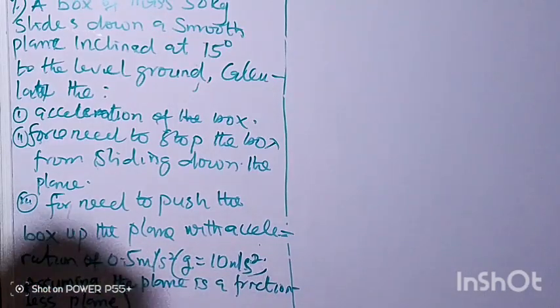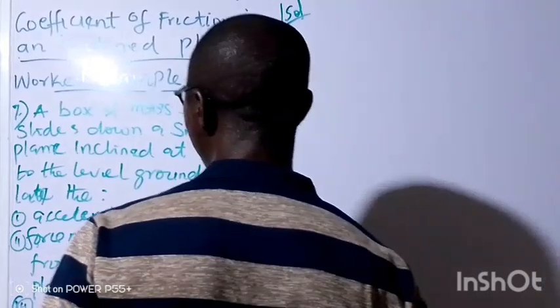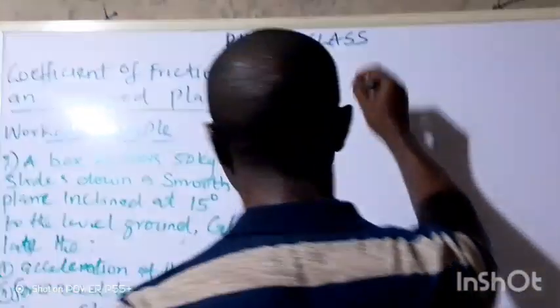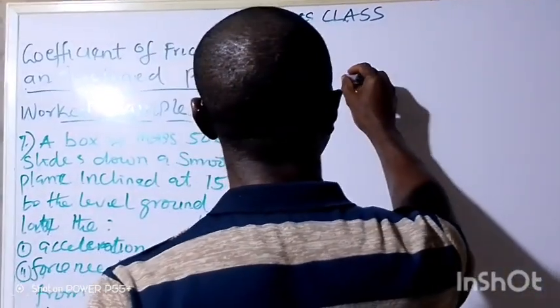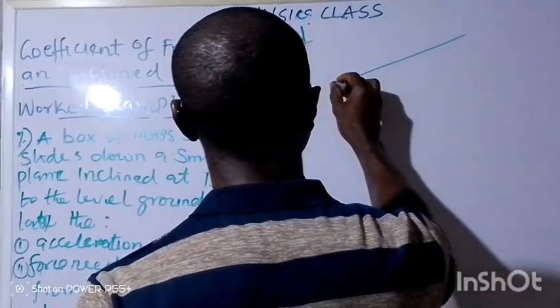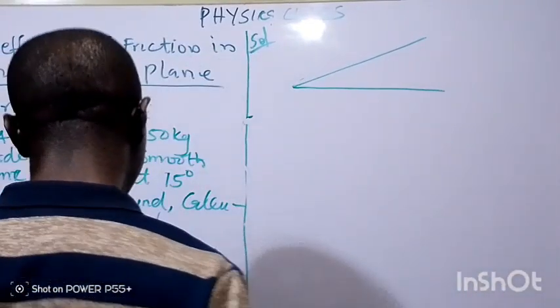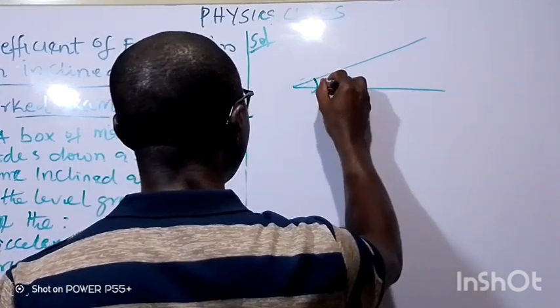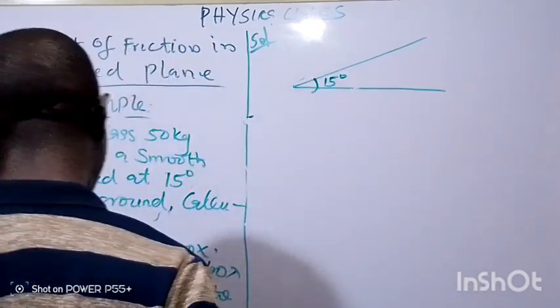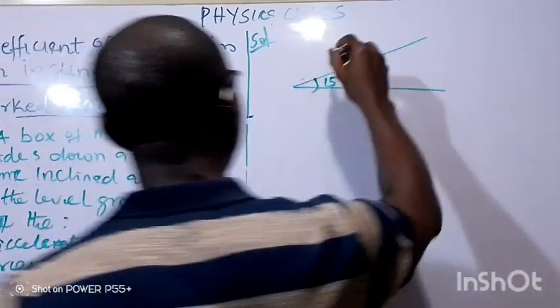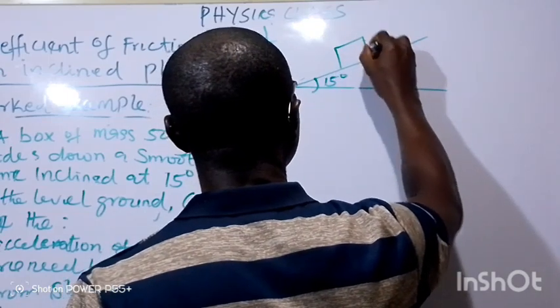Now, the first thing is to draw the diagram and show the direction of all the forces on the bus. The angle is 15 degrees to the horizontal level. Let's say this is the bus. The mass is 50 kg.